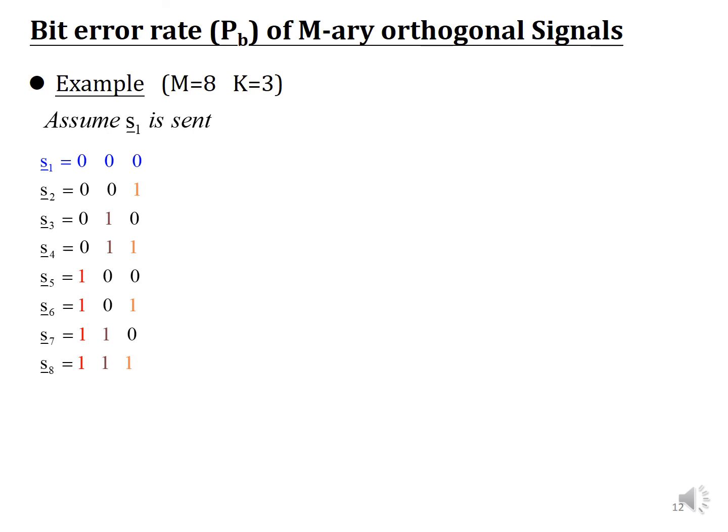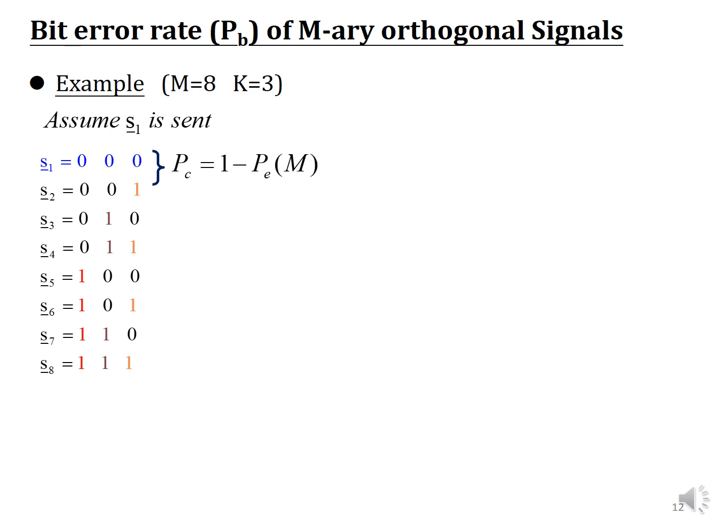Because M equals 8, each symbol represents 3 bits. Assume this is the bit mapping of the symbols and the message, and S1 was sent. If the receiver has the correct detection, then the correct detection probability will be 1 minus PE for the M-ary orthogonal signal.